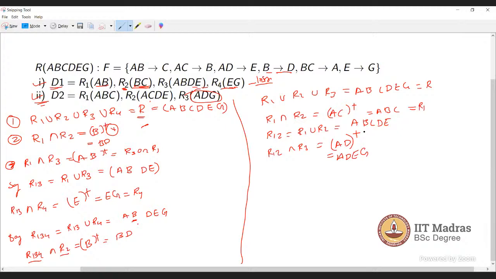R3, AD and G. So this is a lossless decomposition. Okay, in this way you have to approach the question. Any doubt regarding this?